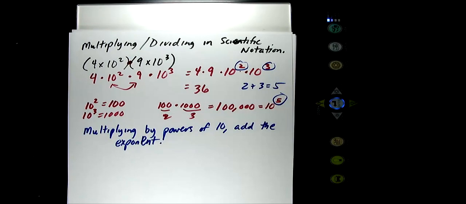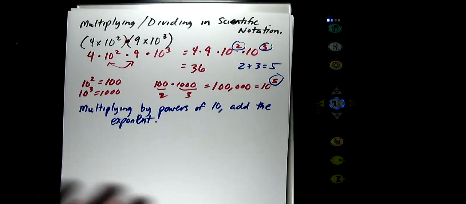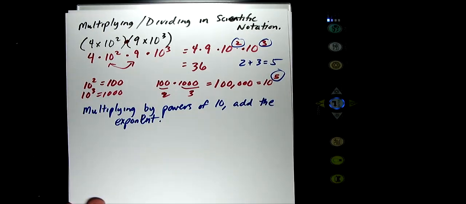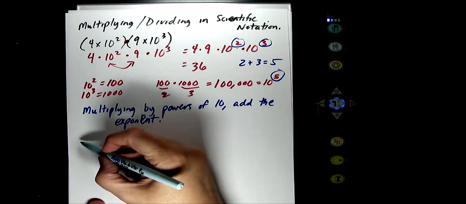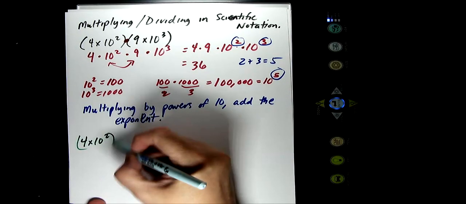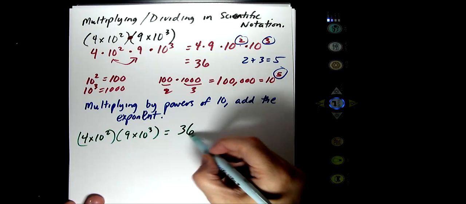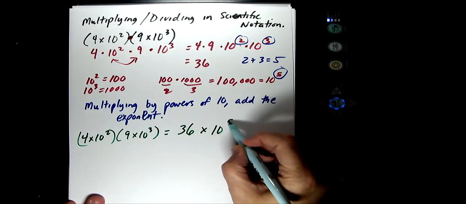We're still not done with that problem. I want to go back to it, but want to make sure that's understood. So we had 4 times 10 squared and 9 times 10 cubed. And we saw that we got a 36 and we had times 10 to the 5th power.